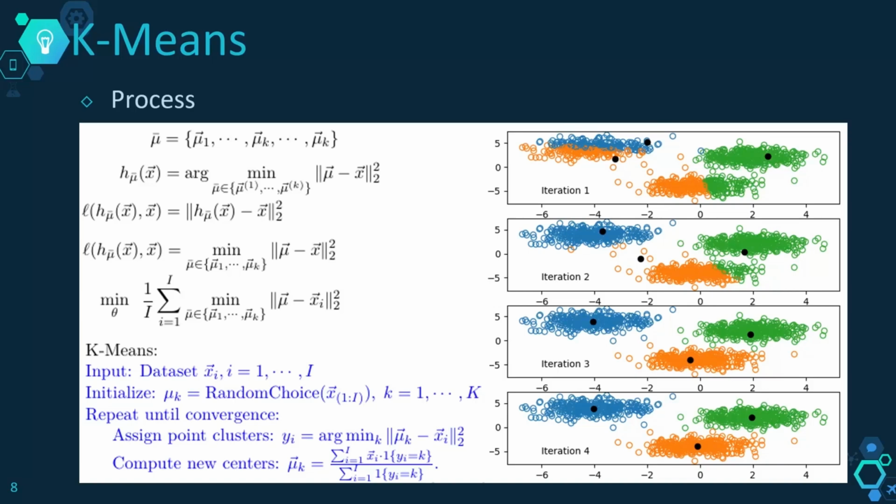Next, we want to compute the new centers after the center location. We can use a mathematical function like this. So mu k is the new location. Here the I is a very special function. When yi equals k, then it will be 1. When yi does not equal k, it will be 0. That means we calculate for any point, for example, whether it belongs to category 1, 2, 3.